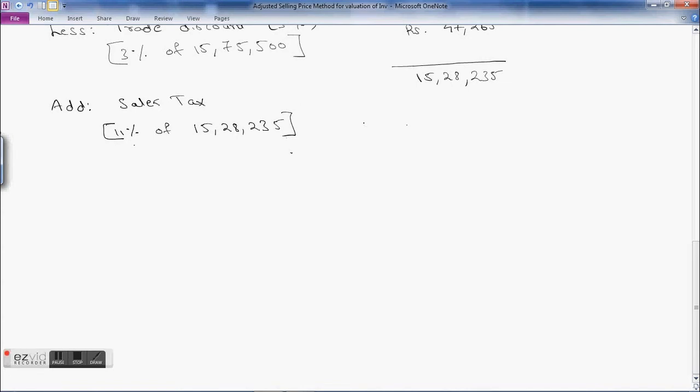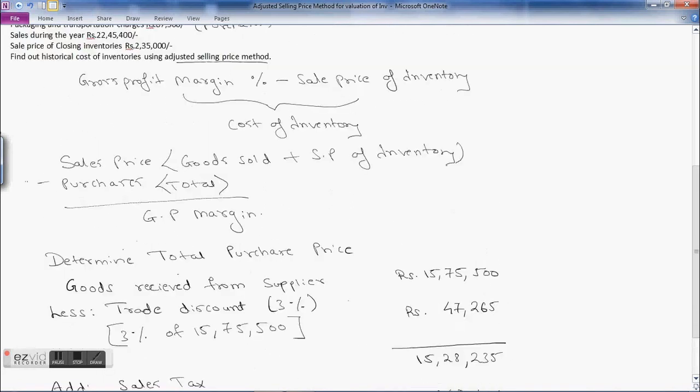That comes to 1,68,106. We have to add it. So 15,28,235 plus 1,68,106 comes to 16,96,341.